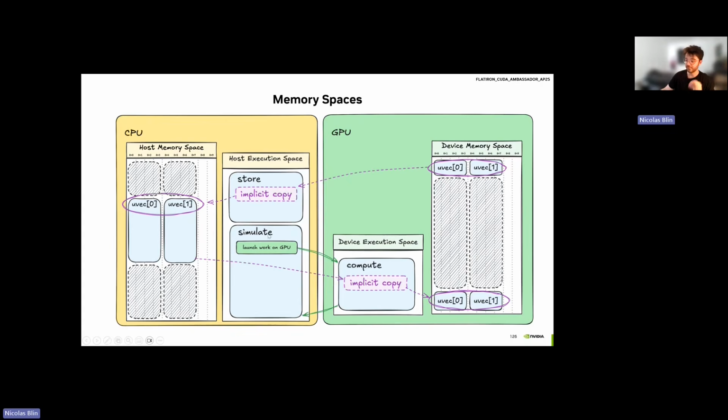That's why our first simulate after a store to disk is slow, because after a store to disk, the data is not on the GPU anymore, it's on the CPU. That's why it needs 100 times more, because it first needs to copy the data from the CPU to the GPU, which is very slow. And only then, once it's done, it can start a simulation. But then the next simulation, because the data is already on the GPU, it is faster to compute.